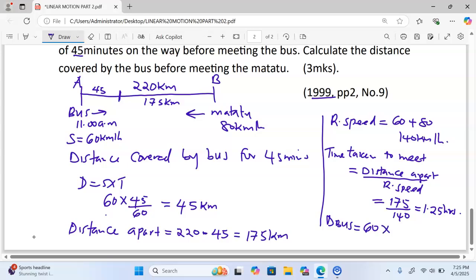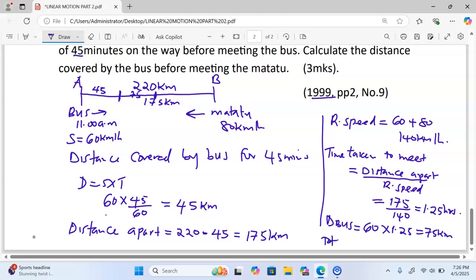We multiply by the time taken to meet, which is 1.25, and this is going to give us 75 kilometers. So 75 kilometers is after 45 kilometers. Assuming they met at this point, it means it covered another distance of 75.